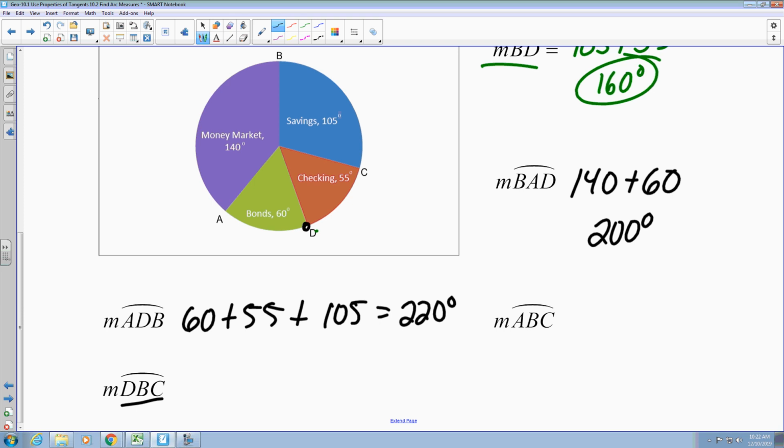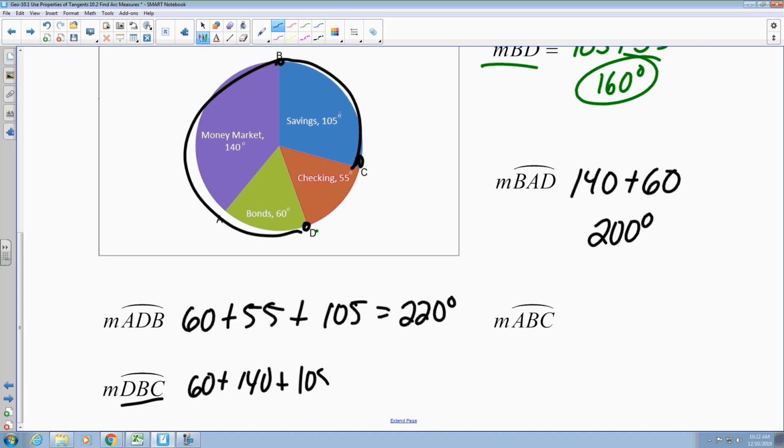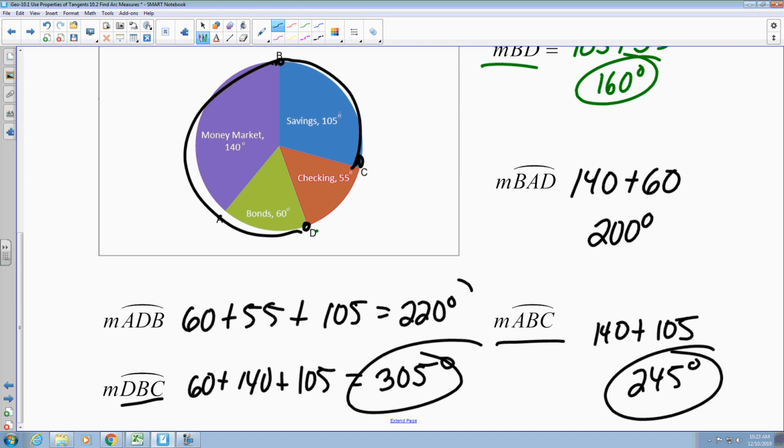DBC, you could add all these up, 60 plus 140 plus 105, and it should equal 305, or you could have taken 360 and subtracted 55. Finally, ABC, and that is 140 plus 105, which is 245. Circle all those.